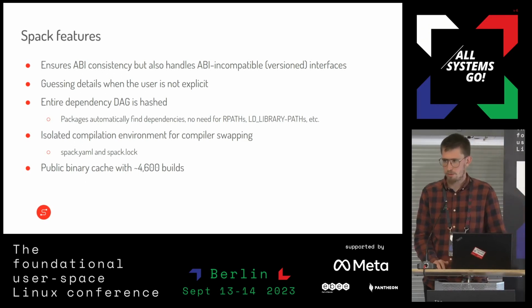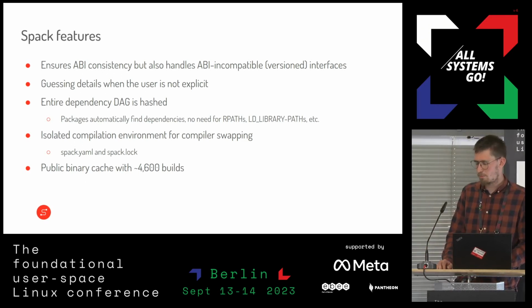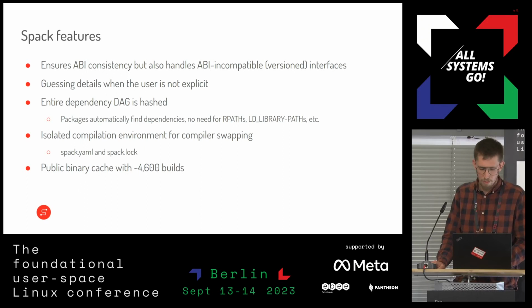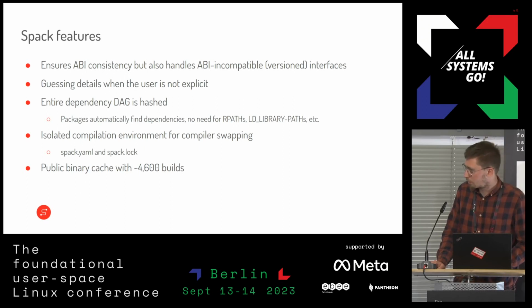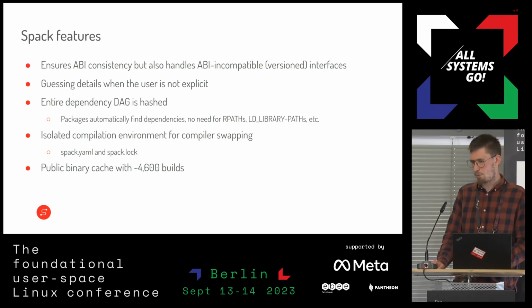This is quite important in the scientific world because if there is a difference between ABIs, you could have drastic performance issues and so on. It can also guess some details if the user is not explicit, so maybe the best options to take. There's also some kind of hashing in the DAG so that build specifications can be written much more easily. Basically, you do not need to do any kind of hacks with trying to find a library.